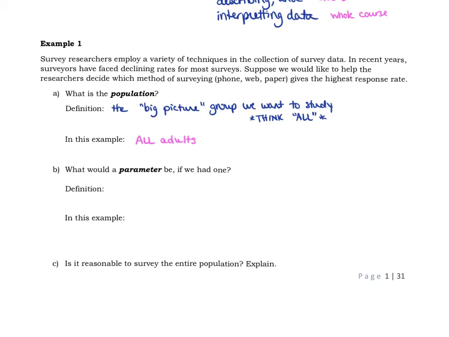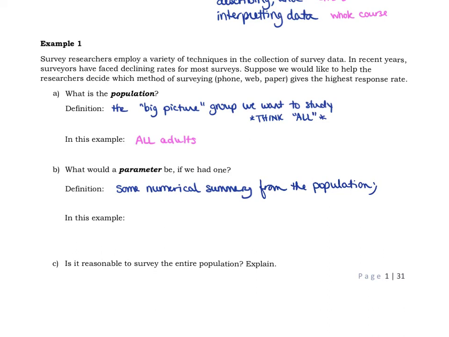What would the parameter be if we had one? A parameter, in general, is some numerical summary from the population. By a numerical summary, you might wonder what in the world that means.